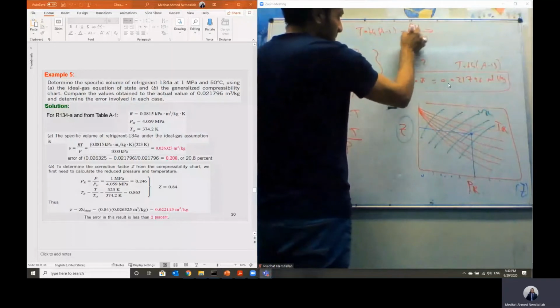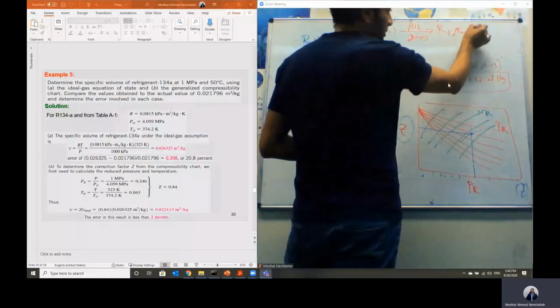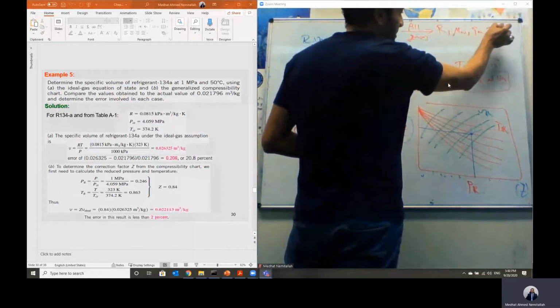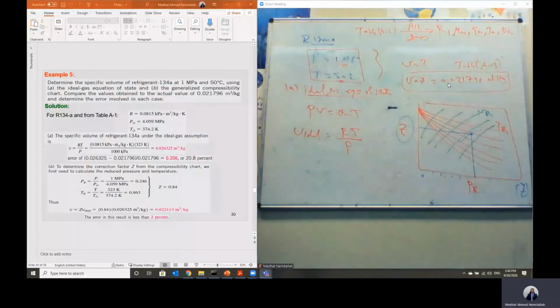You will find the gas constant R, molecular weight, critical pressure, critical temperature, and also the critical specific volume. For this working fluid, refrigerant 134a, we can go to table A1.